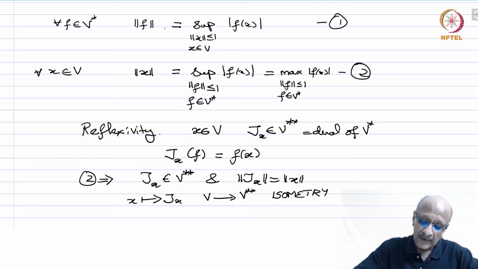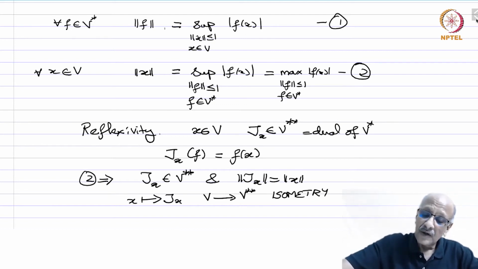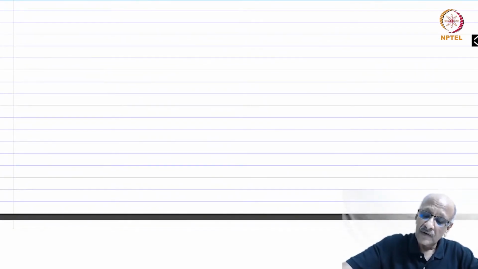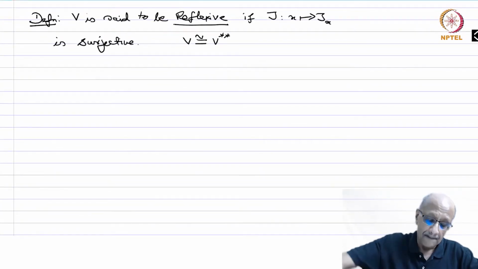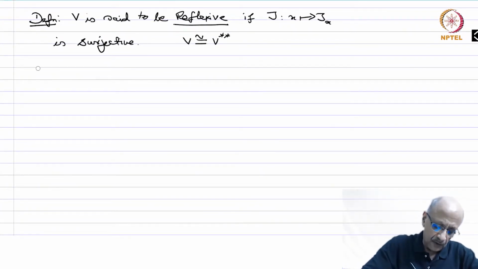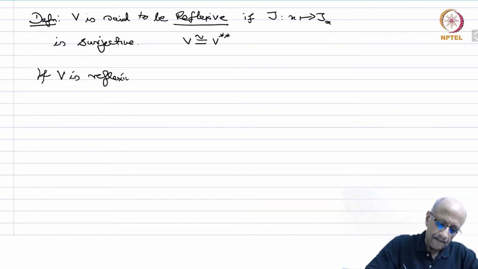So if it's reflexive, then you get a maximum attained here also. So if you have a space which is reflexive, so if V is reflexive, sup equals max in 1 as well.